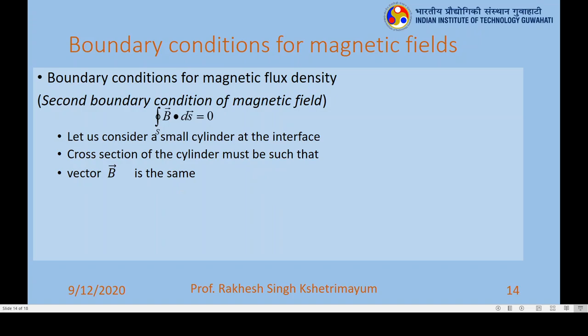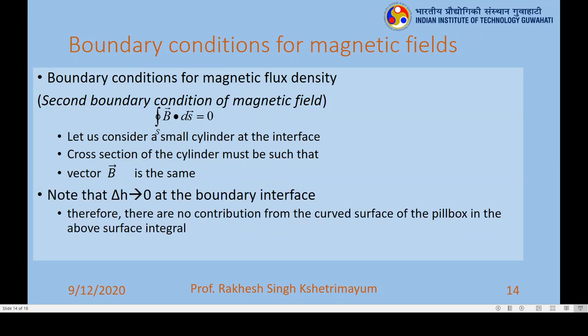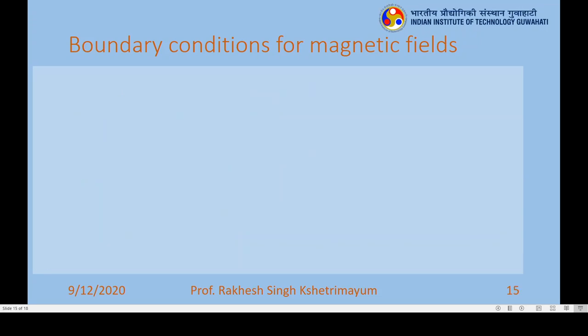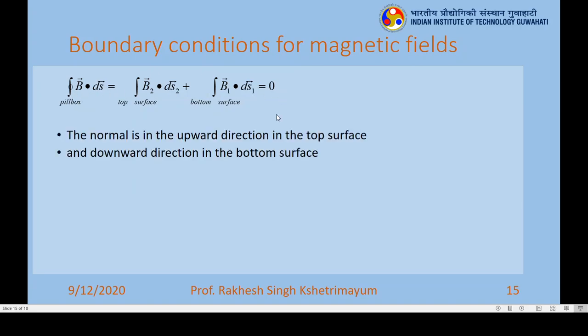Curved surface contribution can be neglected because the height is tending to 0. So B dot ds over the Gaussian pillbox will be the contribution from top and bottom surface, and the right hand side is equal to 0 because it's a closed surface integration of magnetic flux density.